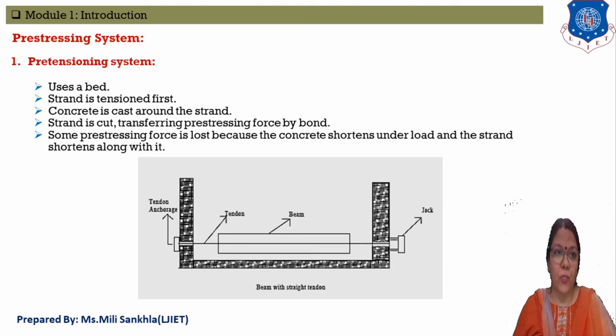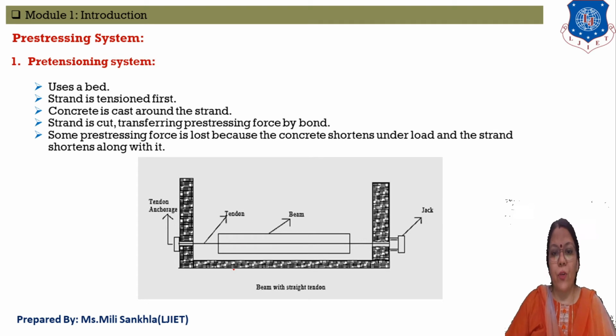Now, our first pre-stressing system is the pre-tensioning system. There are two parts of pre-stressed concrete. First is pre-tensioning. Now what will happen in pre-tensioning, we understand here. Here I take one figure of the pre-tensioning system.